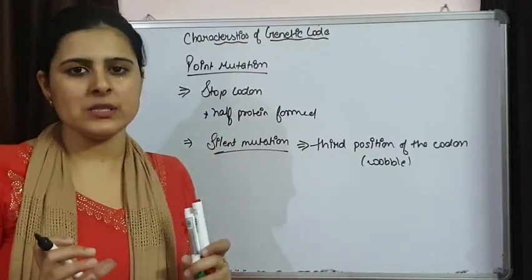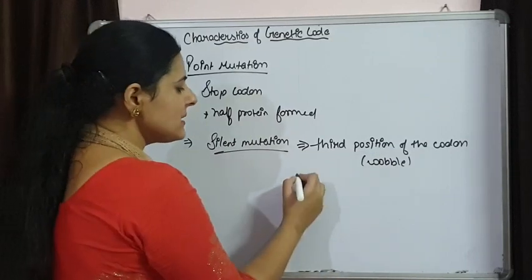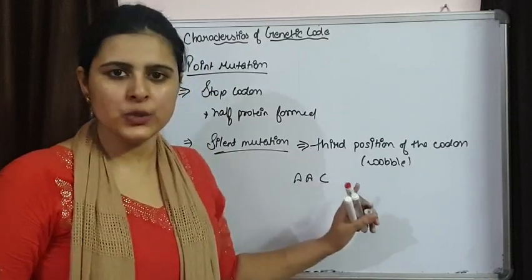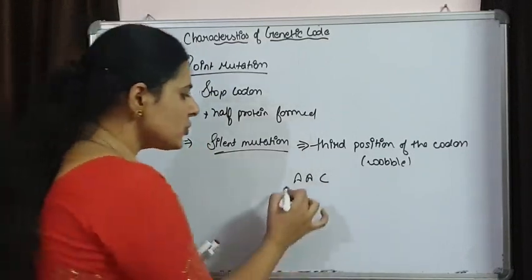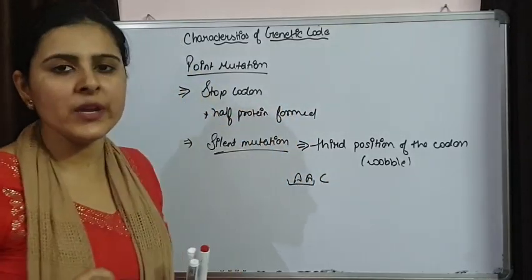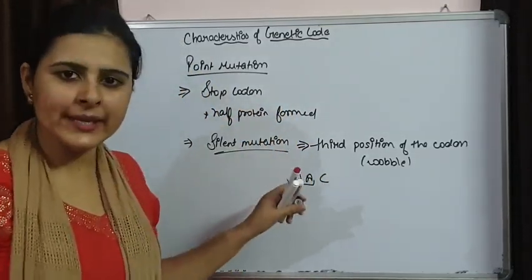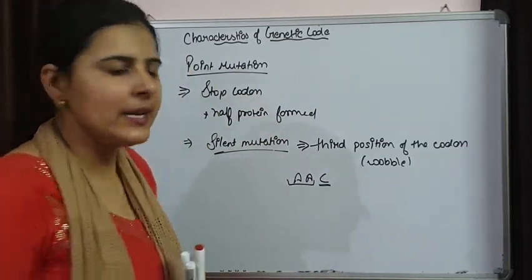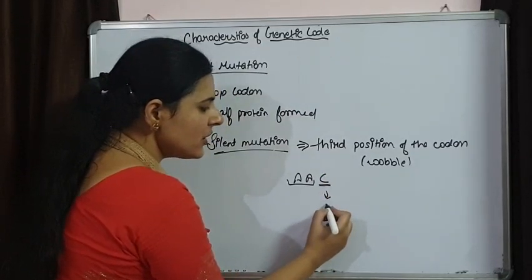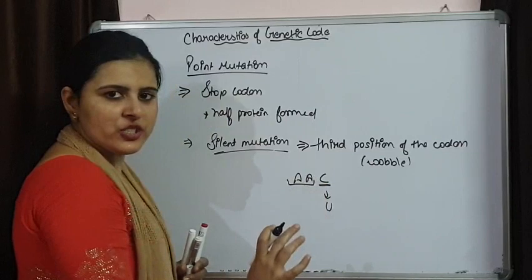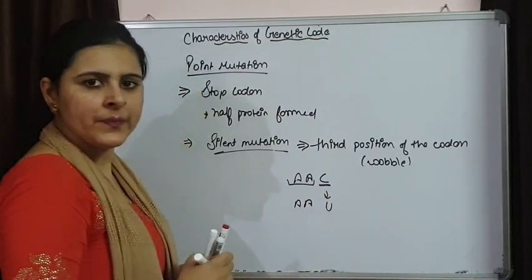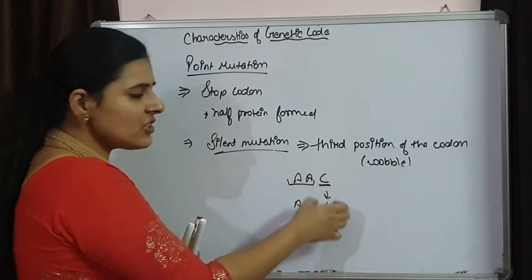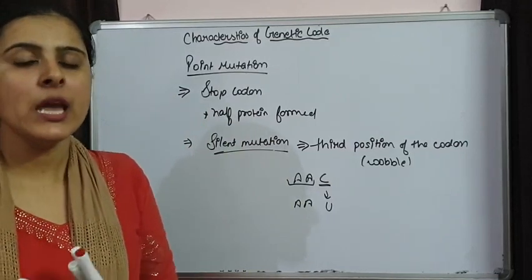What does the wobble hypothesis mean? See, if three nitrogenous bases, three nucleotides, are there in a codon, the first two are going to show specific hydrogen bonding with the anticodon, but the third one is going to show non-specific binding. That means if we change the third one, say C is changed into U, the first two are the same, so these show specific hydrogen bonding with the anticodon. So a change in the third one is not leading to a change in amino acid.